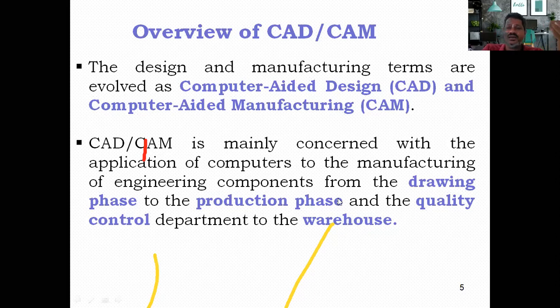So computers are assisted everywhere in the company. Like the design phase, that means drawing phase, production phase means manufacturing phase, quality control, and as well as the warehouse. Warehouse means where all the components will be stored. So you have some big warehouse where all the items, all the goods will be stored. So that is called the warehouse. So this is exactly the overview.